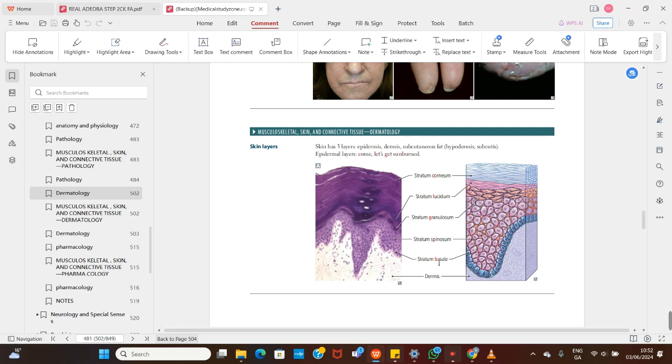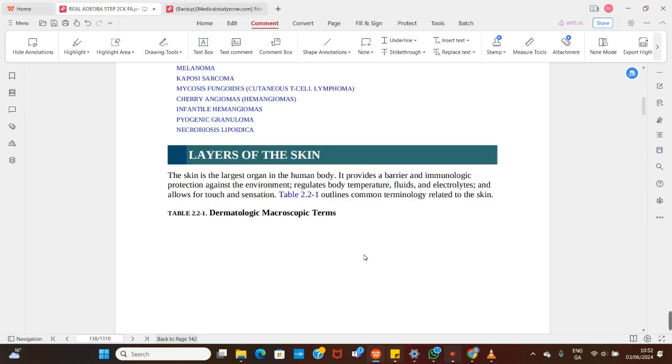So we have many cells that are interspersed within these layers: the keratinocyte, the melanocyte, the sweat glands, the sebaceous glands, and others. So that's that about the layers of the skin.